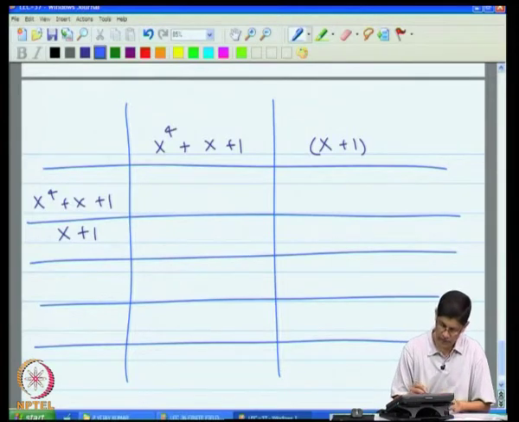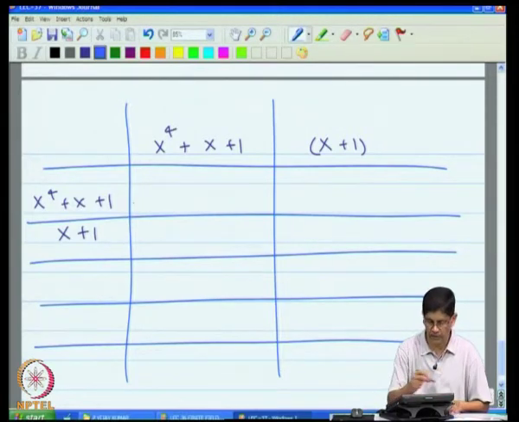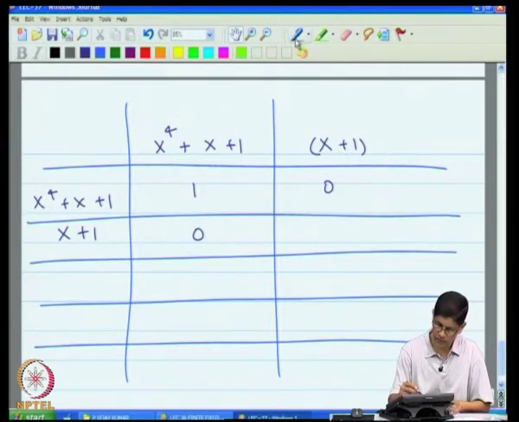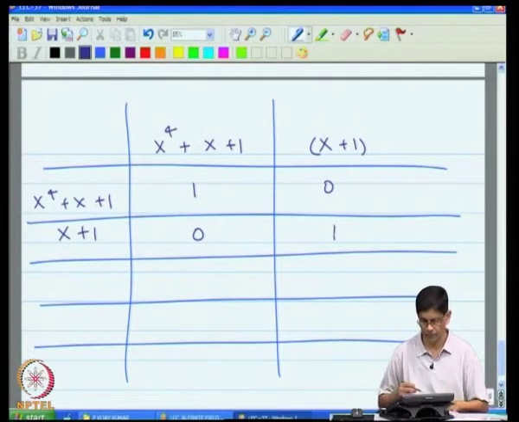We treat this like an Excel spreadsheet: x^4 plus x plus 1 is 1 times this plus 0 times this. x plus 1 is 0 times x^4 plus x plus 1 plus 1 times x plus 1. So I will put 1 here.